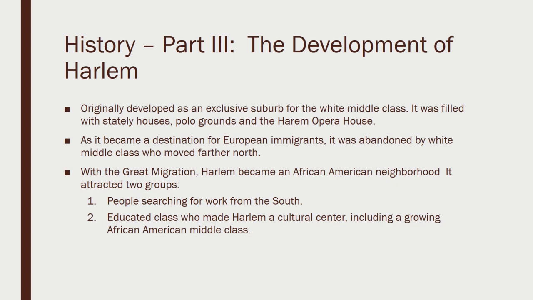This educated middle class was also made up of African Americans. So both of these groups, people searching for work, and then this educated class, descended on Harlem at the same time. And so it became a bustling community in New York, and it still is today.